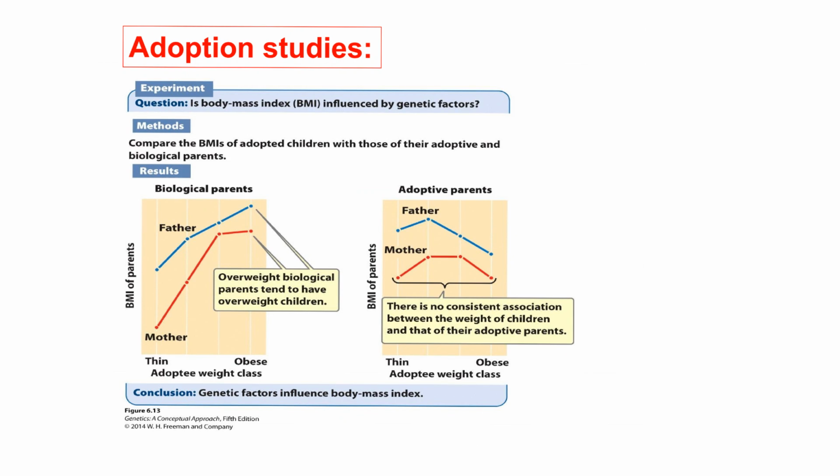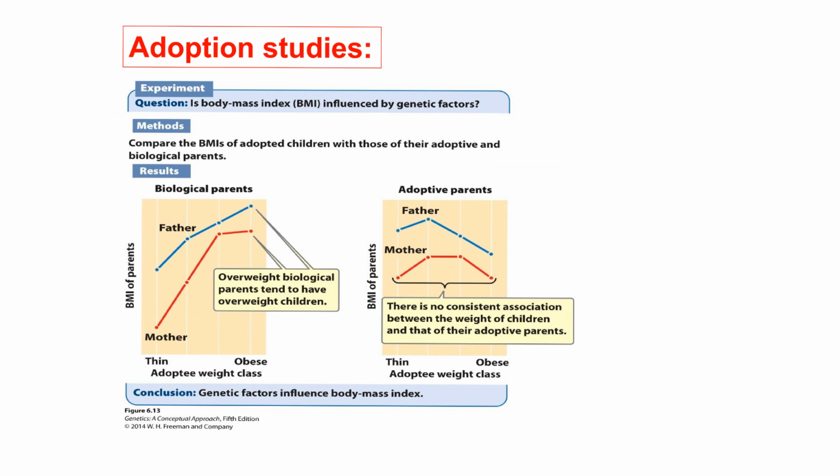Adoption studies are a very powerful tool for distinguishing the effect of genes and environment on certain traits. They were crucial and instrumental in demonstrating that schizophrenia and obesity have a certain genetic base and a certain genetic predisposition. So what do adoption studies tell us?